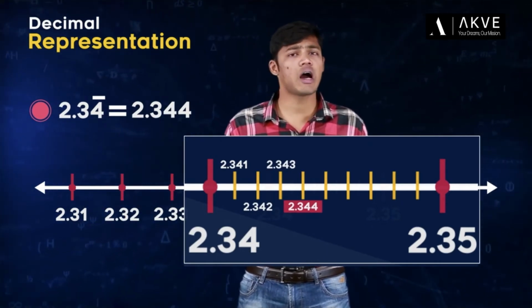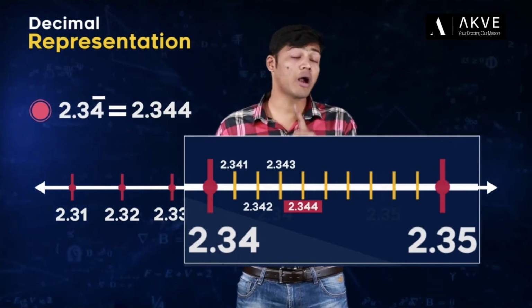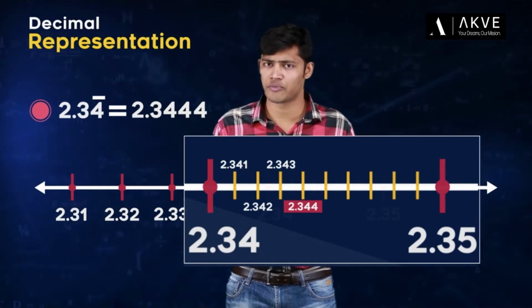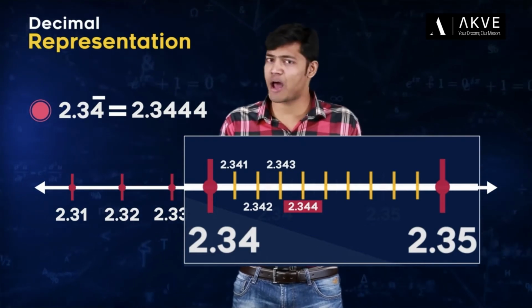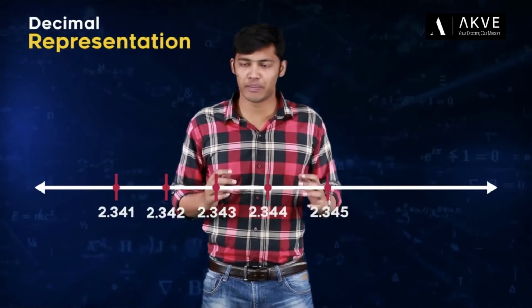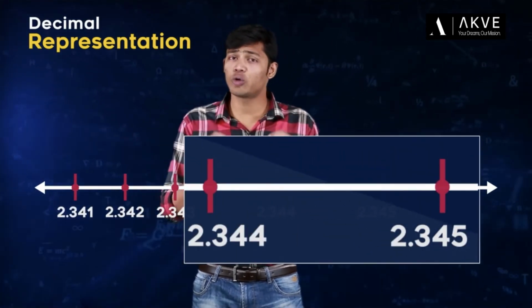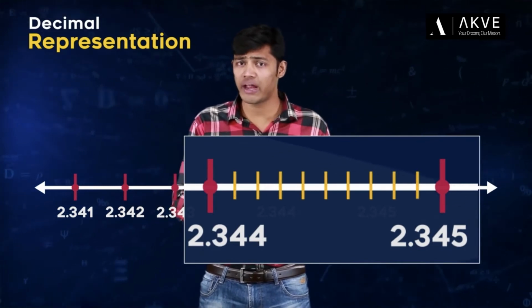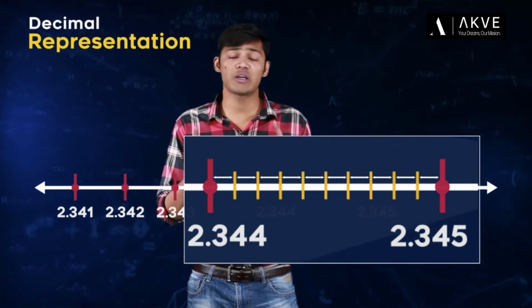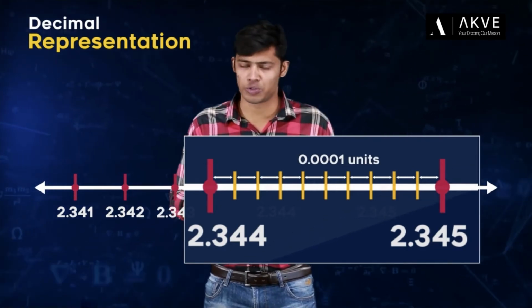Now, if we are asked to represent the same number 2.34 bar but up to 4 decimals, then we will magnify the gap further. That is, we have to divide the line segment between 2.344 and 2.345 into 10 equal parts, where the length of each part is equal to 0.0001 units.